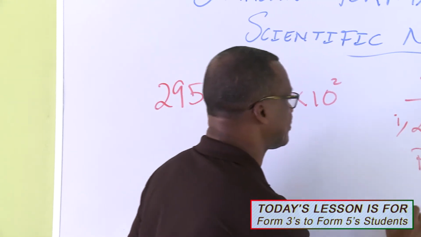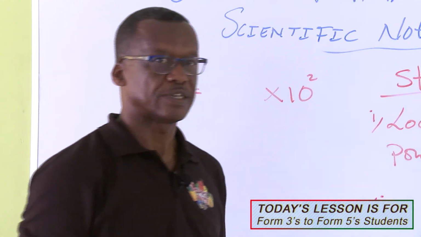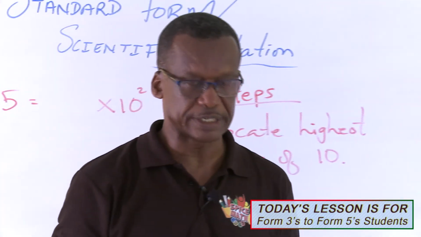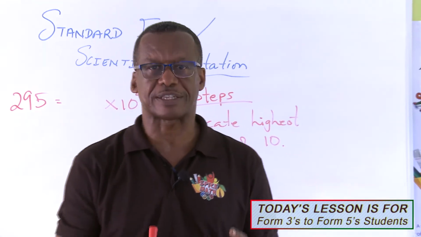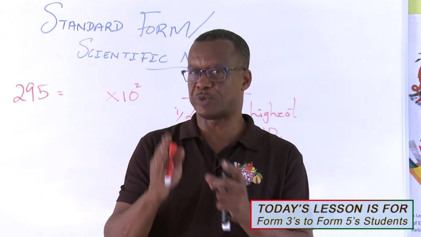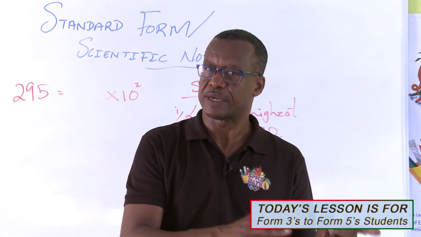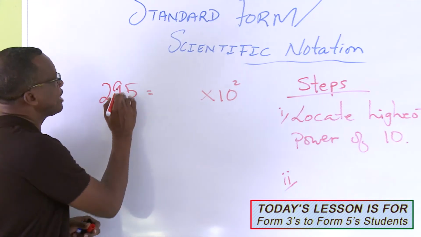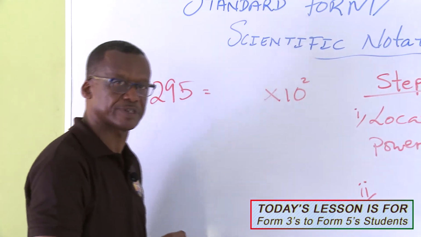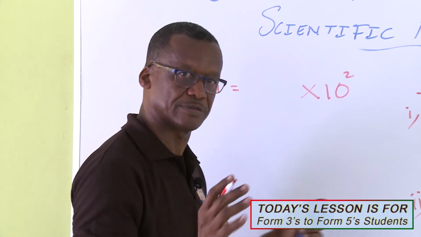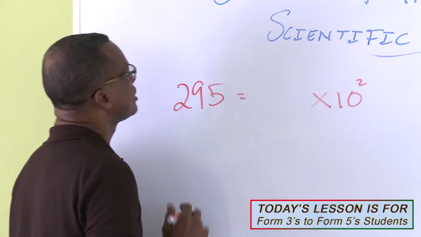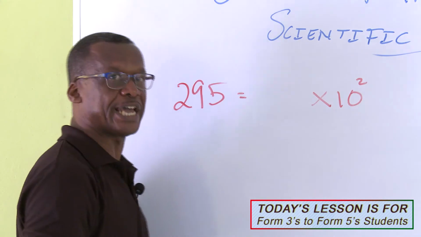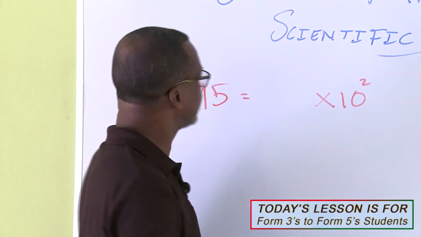Then, what's the next step? We place the decimal point such that the number we end up with must be 1 or greater, but less than 10. Can we place it between the 9 and the 5? No, that's going to give us a number that's greater than 10. So that wouldn't work. Can we place it between the 2 and the 9? Yeah, we can.